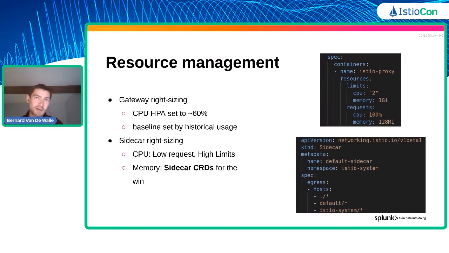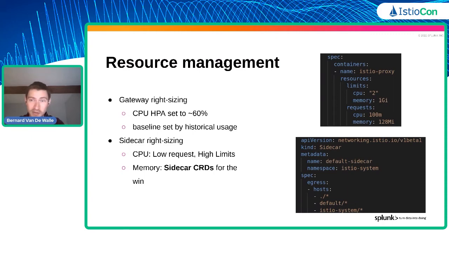So first of all, for gateways, we typically try to set a baseline of requests at about 60% of what we've seen historically. And we also set our HPA at 60% more or less. And this allows us to scale horizontally very quickly in case traffic picks up. What we also do is in staging and dev, we typically are fine with running one single gateway, but in prod, we try to run a minimum of 2 or 3 of them.